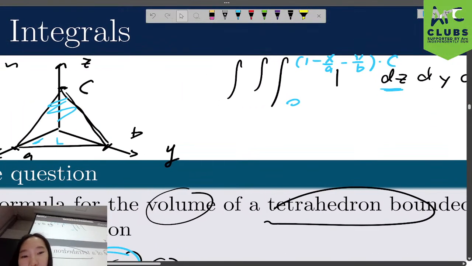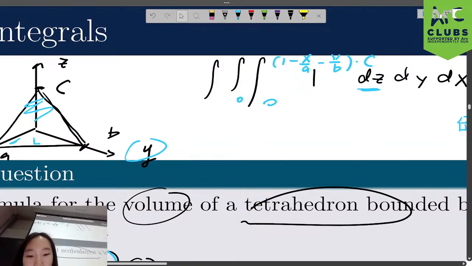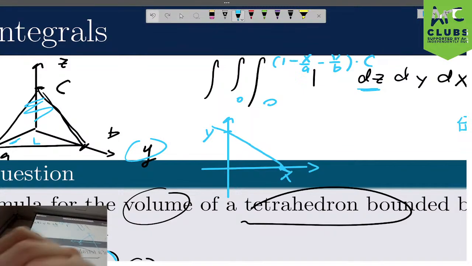Starting from 0, but where is the bound? So we're looking at the xy plane in this case. Okay, xy plane. So you have the y over here and x over here. Cool. So the xy plane would just be this line.